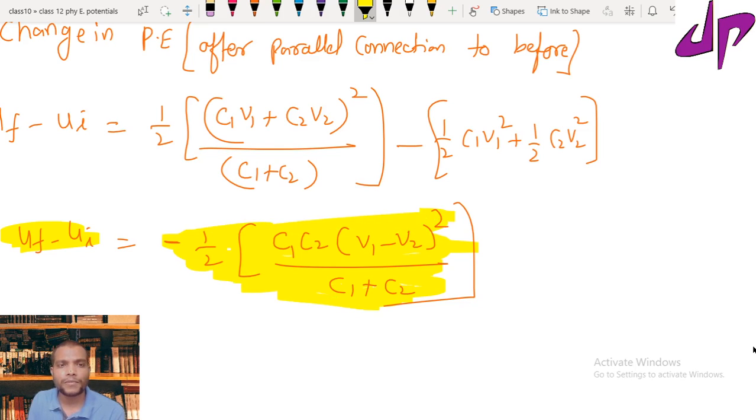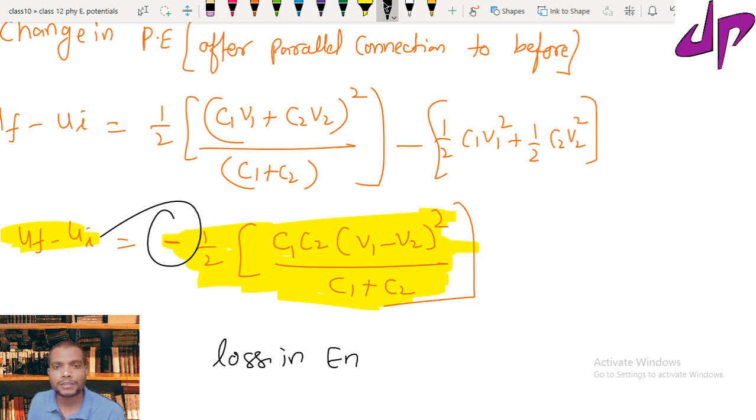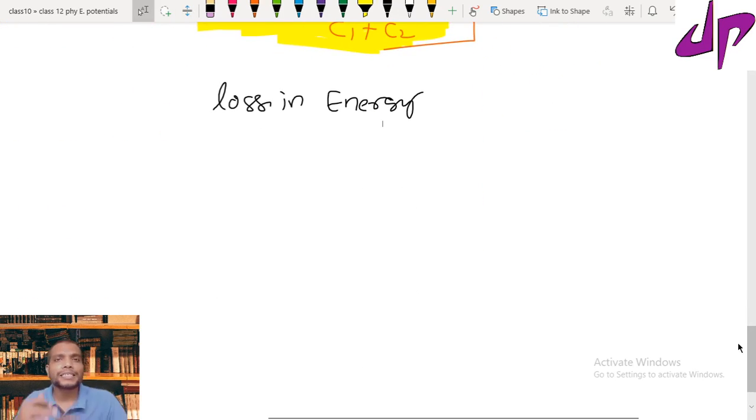Now if you see, the final expression has a minus. So minus means it's a loss, energy loss. It means the potential energy gets lost after connecting in parallel. So why does it get lost?